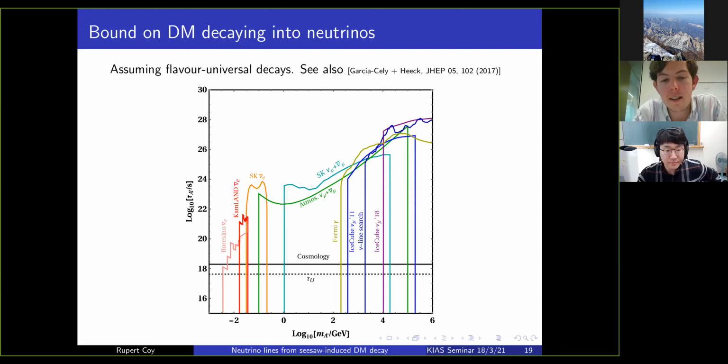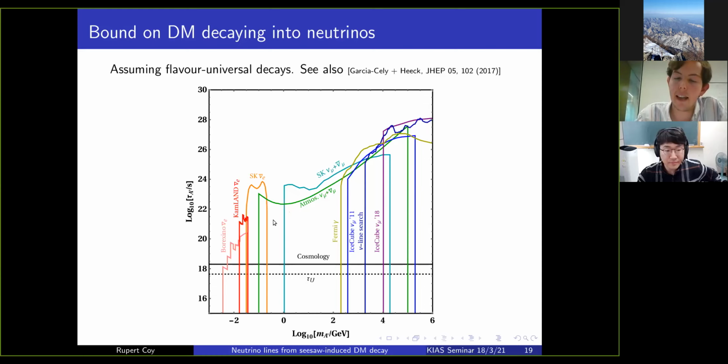The energy threshold for the antineutrino is 1.8 MeV. When you have a 2-body decay, each particle has an energy that's half the dark matter mass. So if the antineutrino has 1.8 MeV energy, that corresponds to a dark matter mass of 3.6 MeV. So the lowest dark matter mass you can probe with that kind of experiment is 3.6 MeV, and that's what Borexino does. At this stage, the bounds aren't really any better than from cosmology.